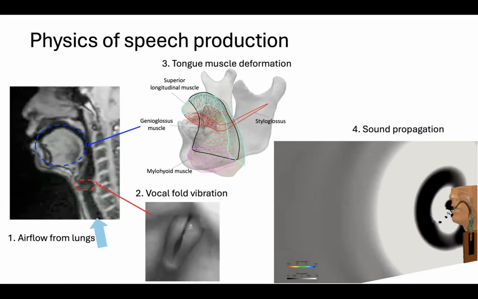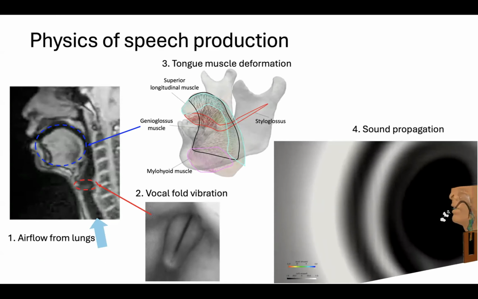First, we exhaust the air from the lung by elevating the diaphragm. Then the vocal folds located in your throat vibrate to produce the sound source. The size and tension of the vocal folds influence the pitch and voice quality. Once you have irregular vocal fold shapes like vocal polyps or laryngeal cancer, the vocal folds cannot vibrate properly.